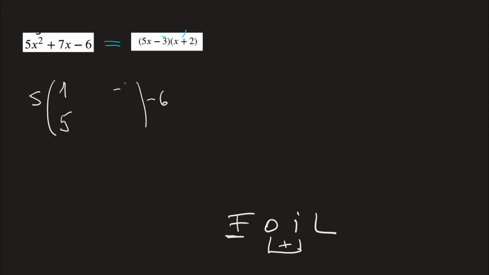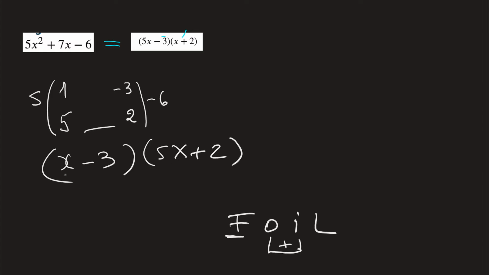Then you can choose minus 3 and 2 and check if this factorization x minus 3 times 5x plus 2 works. Do it.